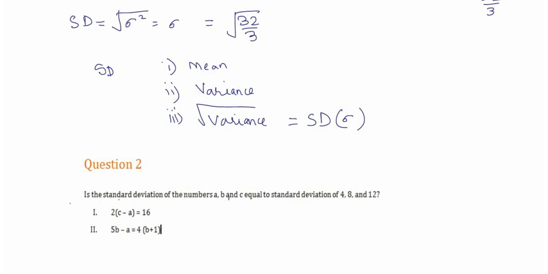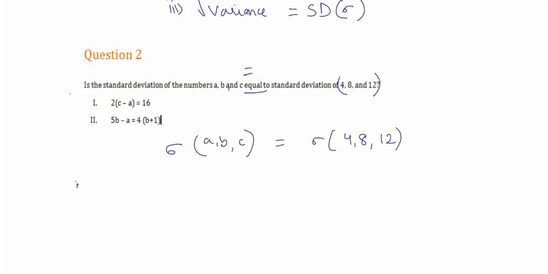So now let us go back to the question and try to figure it out. The question is whether the standard deviation of A, B and C is equal to the standard deviation of 4, 8 and 12. Okay, so let me go to the first statement. First statement is 2C minus A is equal to 16, which implies that C minus A is equal to 8, or C is equal to A plus 8.